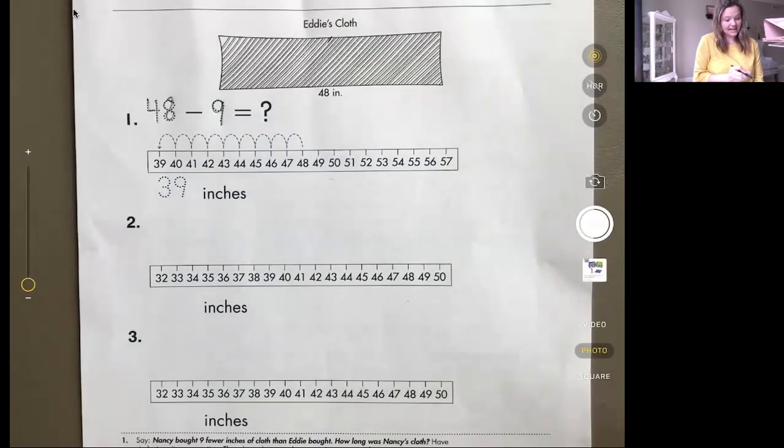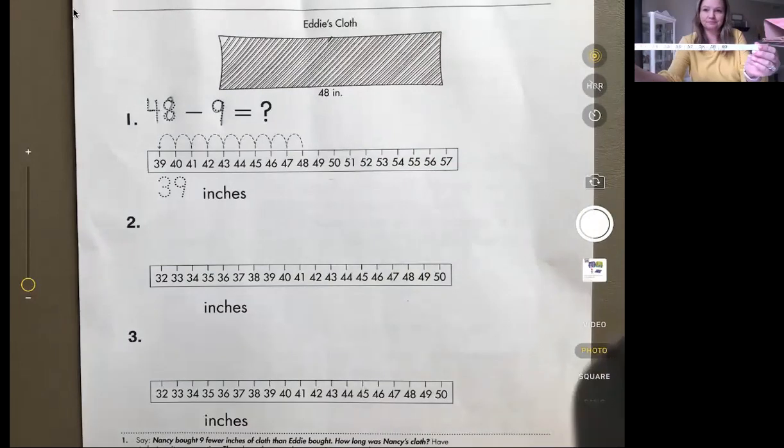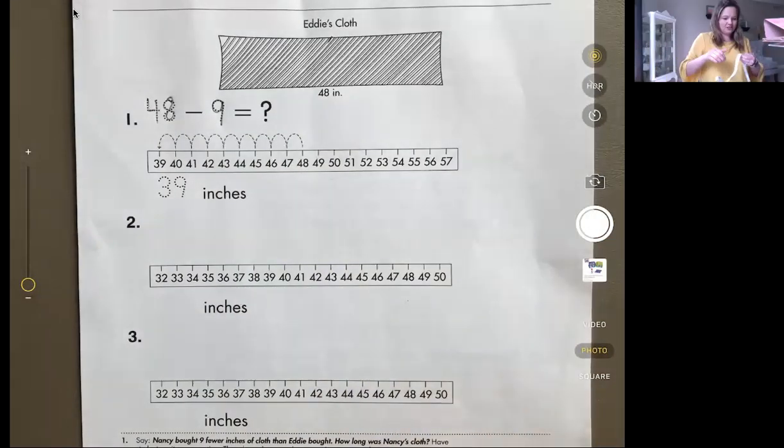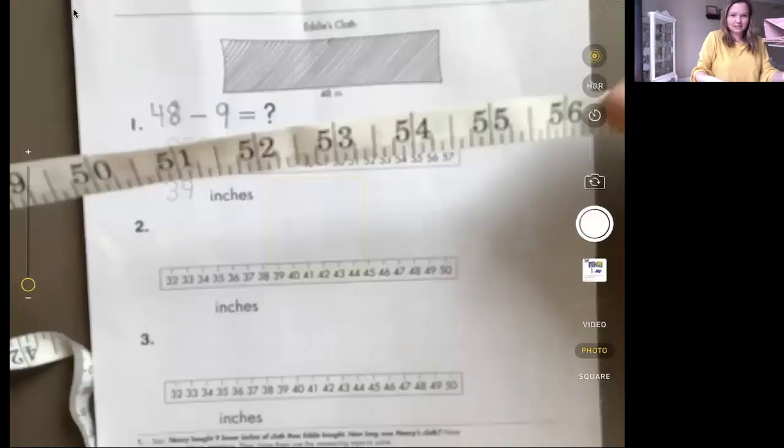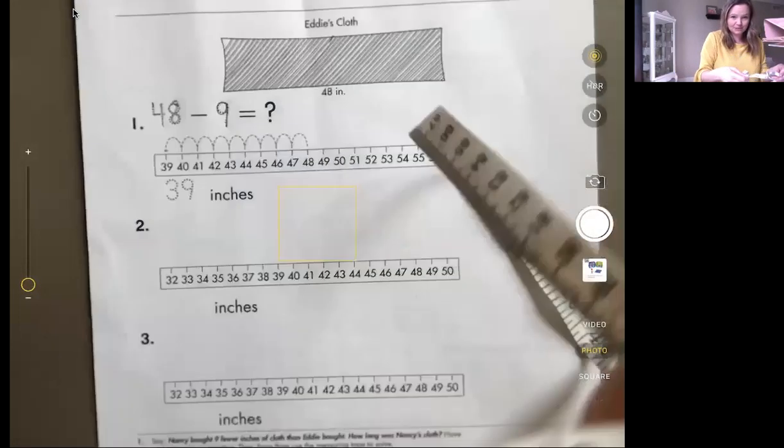Looking at our tape measure, now what I wanted to show you too is this is an actual tape measure. So I'll even put it under here, it'll be easier for you to see. You see how it's just kind of like a ruler, but on tape, so it's nice and flexible.